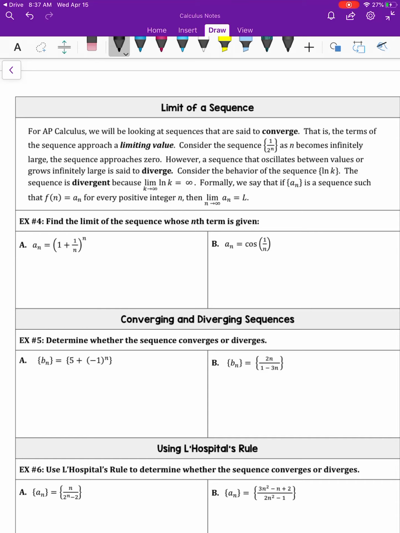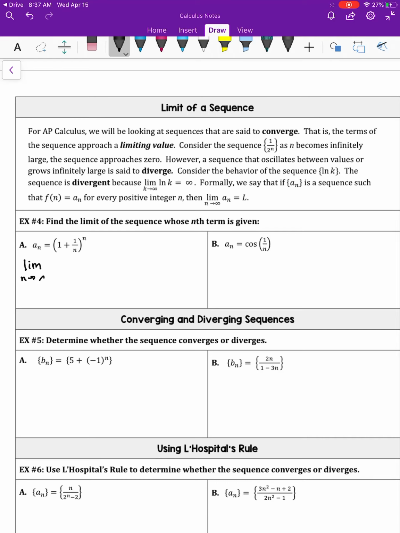If it goes to infinity or negative infinity, or if it just jumps from 2 to -2, 2 to -2, or it might jump +1, -1, then +2, -2, then +3, -3. If it does anything like that, and it doesn't basically go to one number, then it diverges, okay? It only converges when it goes to one number as your n's go to infinity.